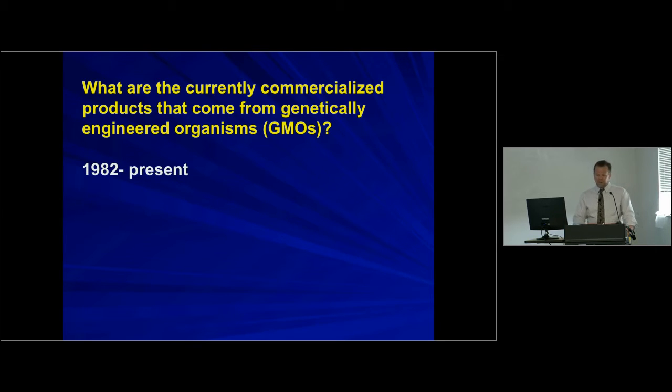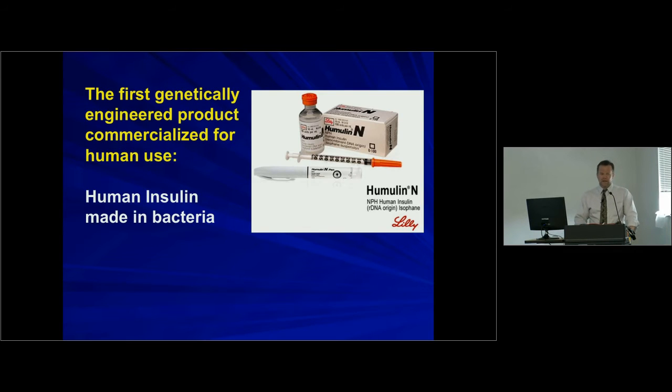Scientists were able to obtain the sequence for human insulin, take that DNA sequence, place it into the background of a bacterium through genetic engineering, recombinant DNA technology, and produce the first product used for fighting a human condition, and also the first genetically engineered product. So the first GMO wasn't a plant, it was a bacterium that made a human protein.